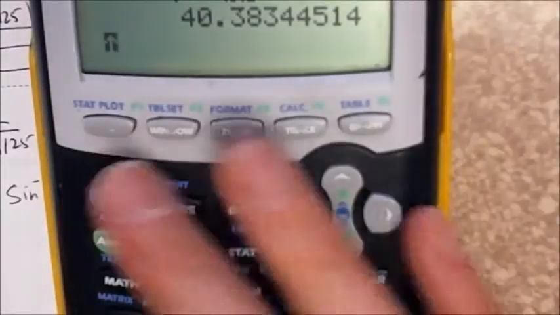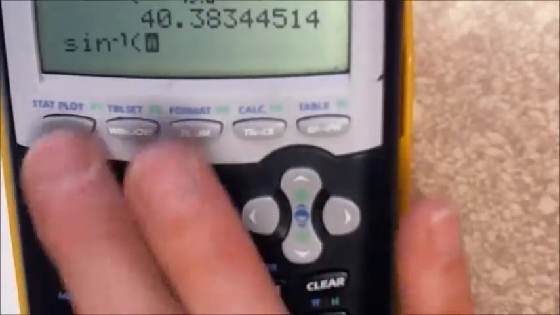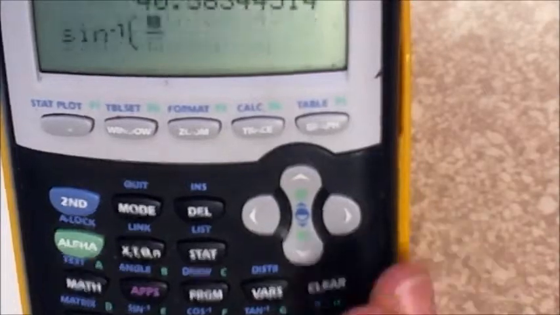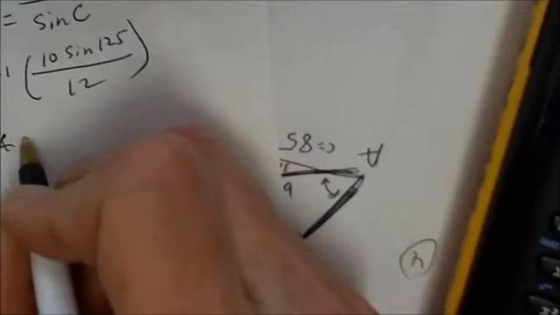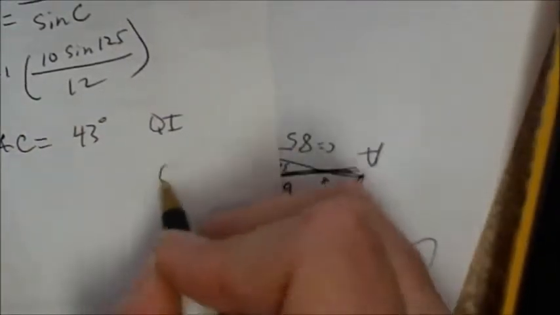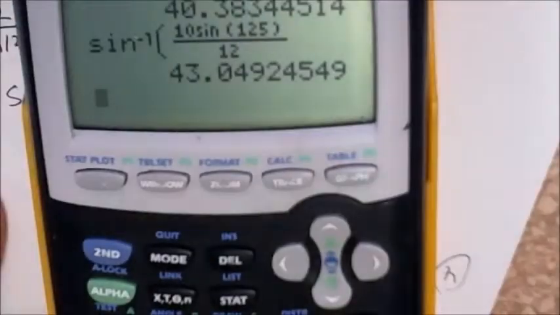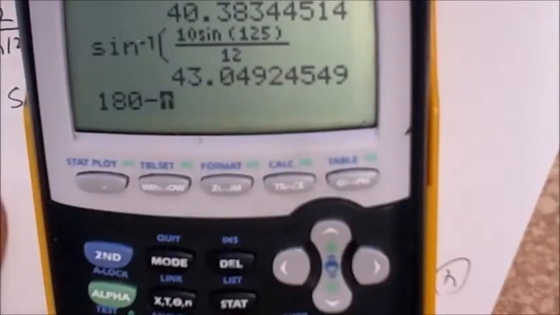Let's see what that gives us. Arc sine of 10 sine 125 over 12, 43 degrees. So angle C is equal to 43 degrees. That's our quadrant 1 angle, but we also have a quadrant 2 angle because sine is positive there, so we do 180 minus that answer.